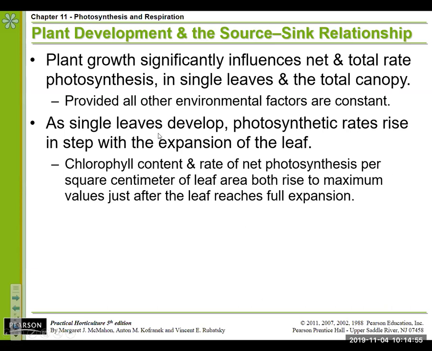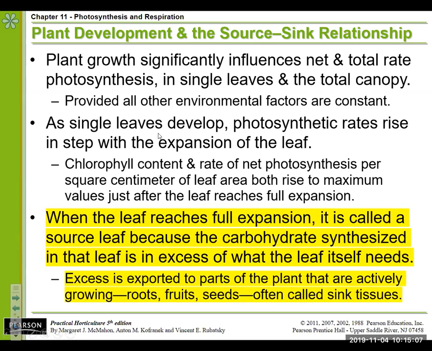As a single leaf develops, the photosynthetic rates are going to rise in step with that expansion of the leaf. It's adding on to that solar panel as it grows, basically. But it's going to reach a point of full expansion. And when it reaches this full expansion, it becomes what we call a source leaf, because basically the carbohydrate that is synthesized in that leaf is in excess of what the leaf itself needs.